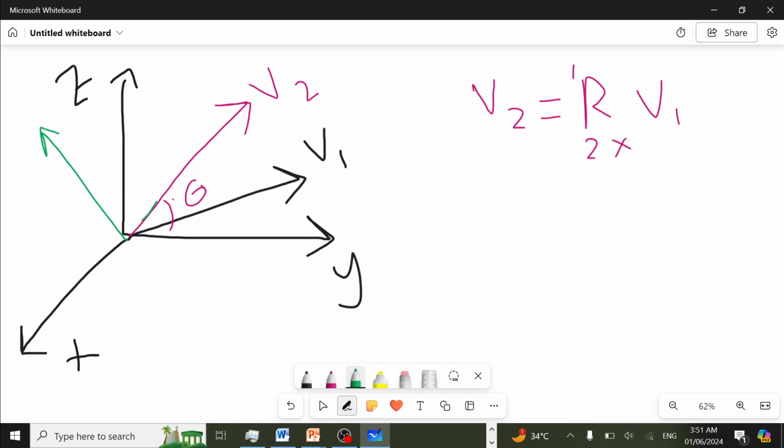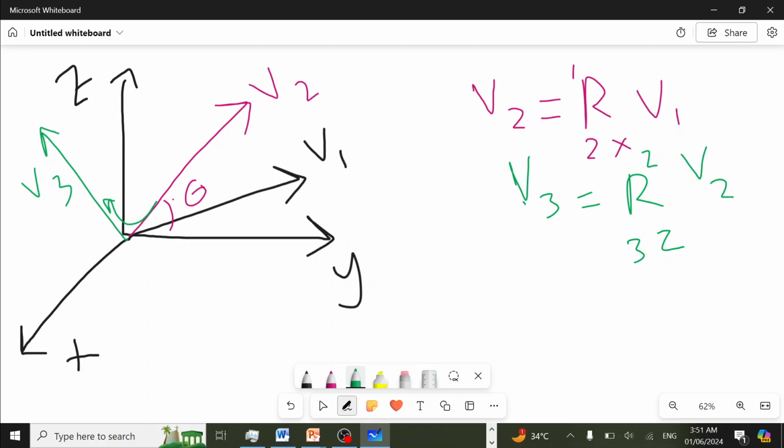I can make a rotation around the z-axis to get v3, for example. v3 equals Rz or R3 to, v2, okay.